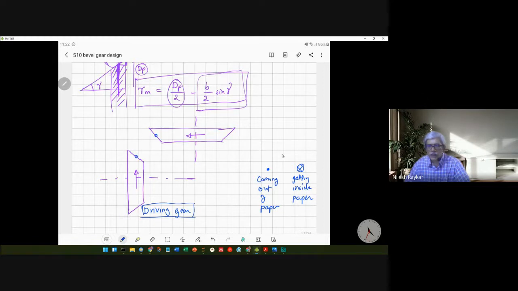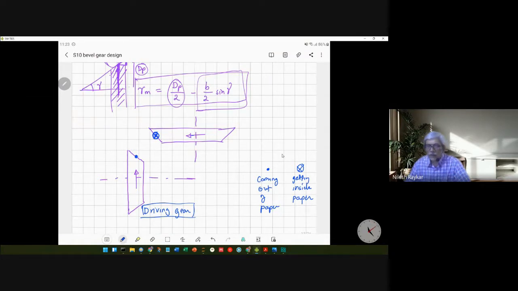So the teeth are trying to go inside the paper at every moment, so the force will be opposite to that. So this would be coming out of the paper. And for the driven gear, the direction of the force would be in the direction of motion. Again, this particular tooth of the driven gear is also moving inside the paper, so the force will also be along the direction of motion. So the symbol here would be the cross symbol.